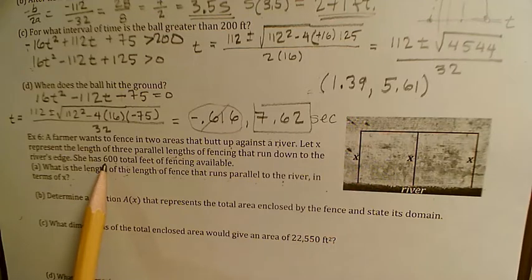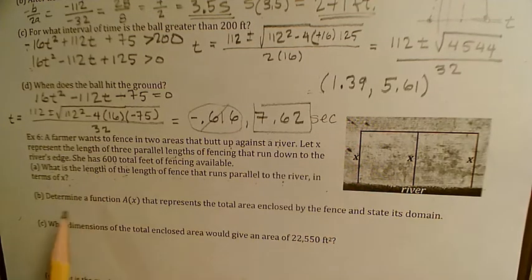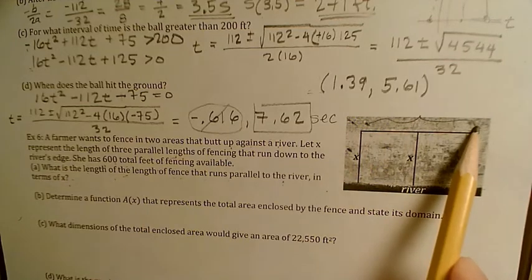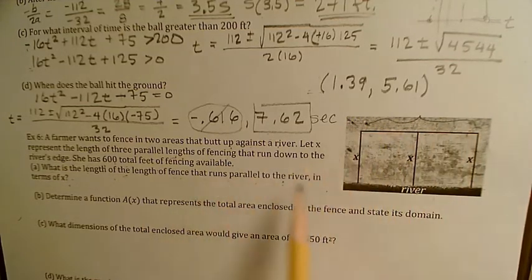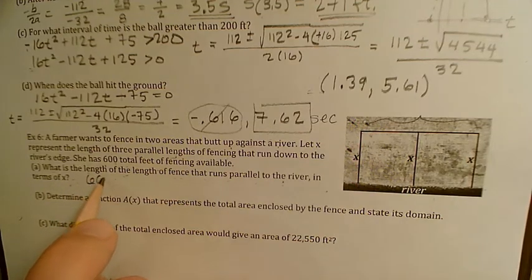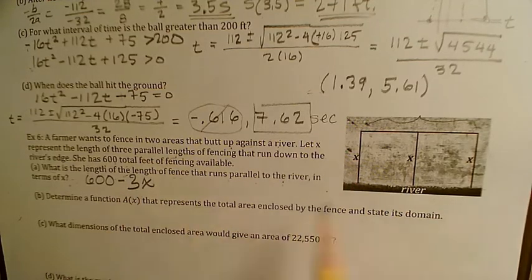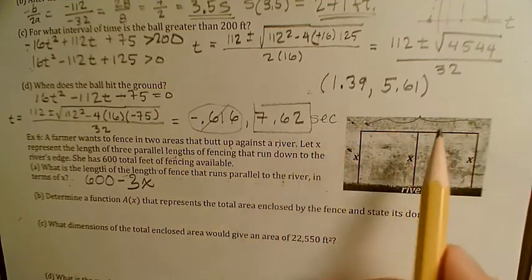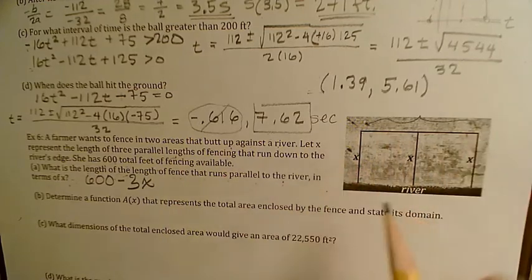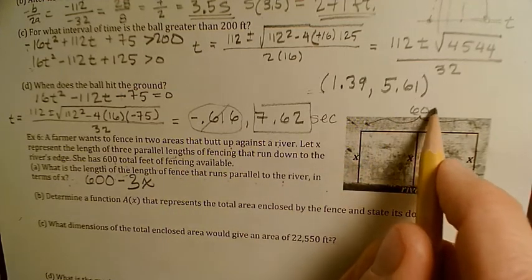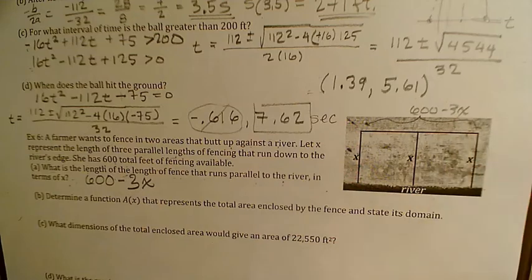So what expression could we use to represent this length up here if the total is 600 feet? So that would just be what's left over, 600 minus, take away the 3x. So take away 3 x's from the total, and that will give us this length here. So this is 600 minus 3x.